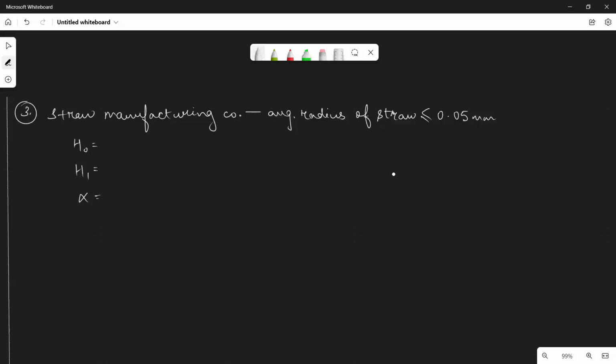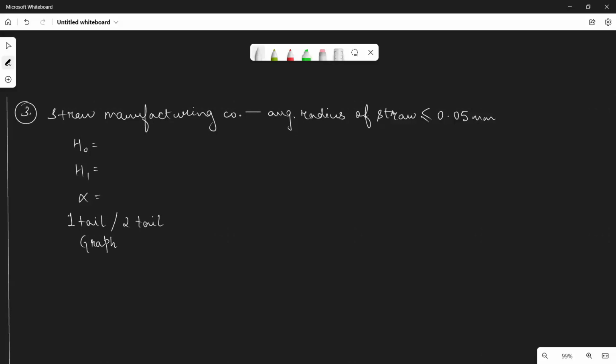Based on H0 and H1, you have to tell me whether it is a one tail or a two tail test. If it is a one tail test, then left tail or right tail, that you have to tell me. And finally, the graph: how is that rough graph going to look?